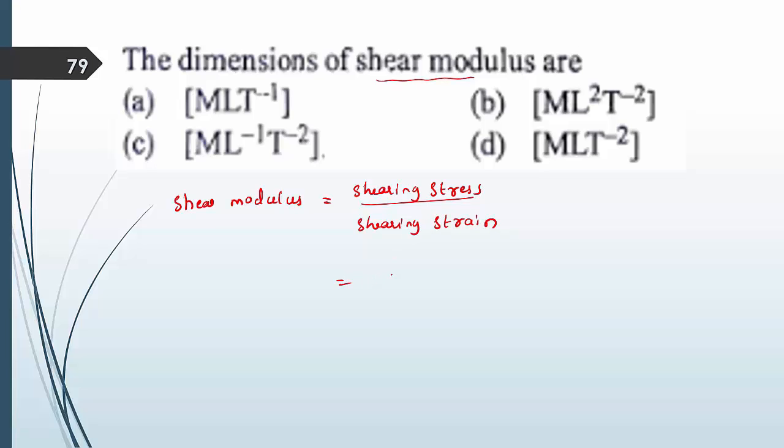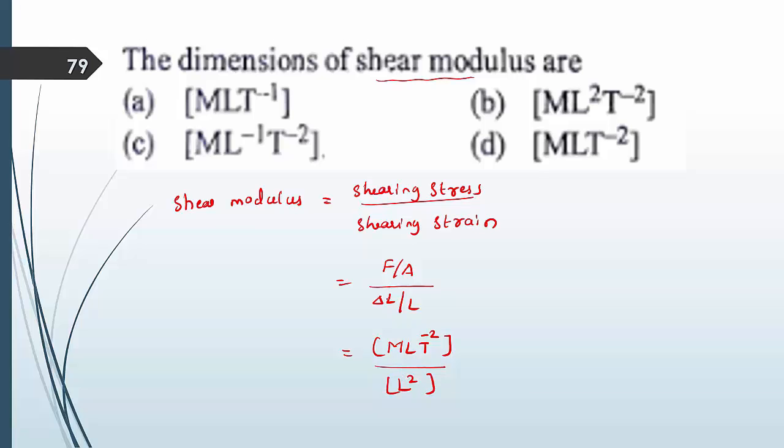So generally stress is what? Restoring force per unit area, divided by strain. Strain is what? Change in configuration to the original configuration, change in length to the original length, change in area to the original area, change in dimension to the original dimension. Generally we can write delta L over L. Yes. Now substitute their dimensions. Force M L T raised to minus 2 divided by area, length into breadth, that is L square.